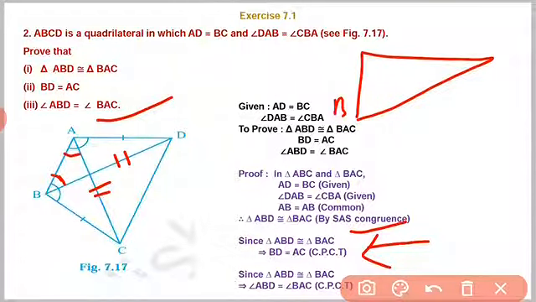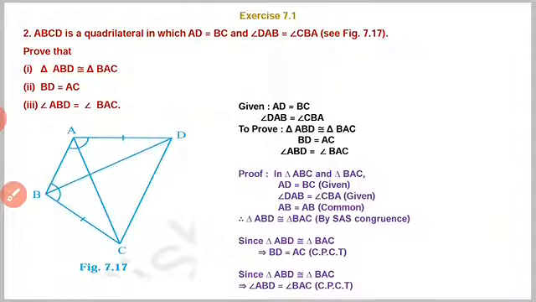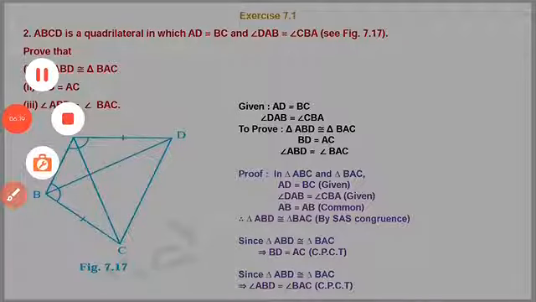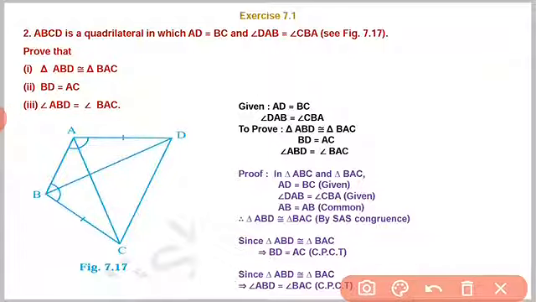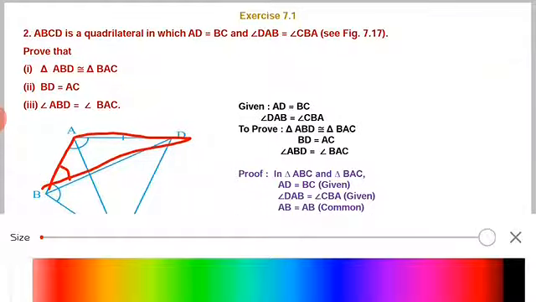This was B, A and D. So we had two triangles, triangle ABD, this one, and this angle is equal to the angle of the other triangle.